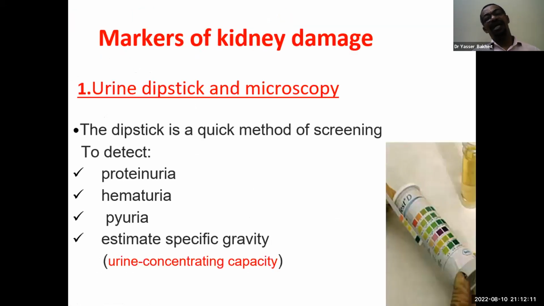Markers of chronic kidney damage come usually from the history and examination and from urine examination by dipstick or microscopy. The dipstick is a quick method for screening and can detect proteinuria, hematuria, and polyuria, and estimate specific gravity.